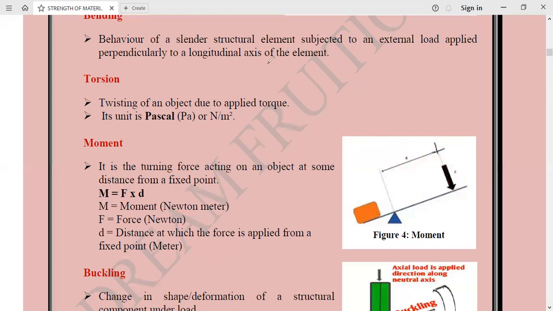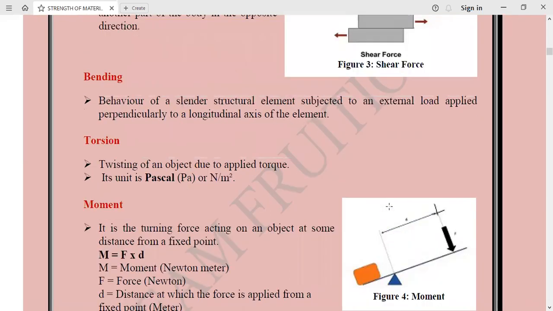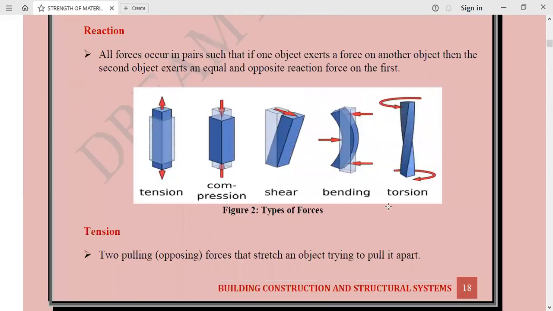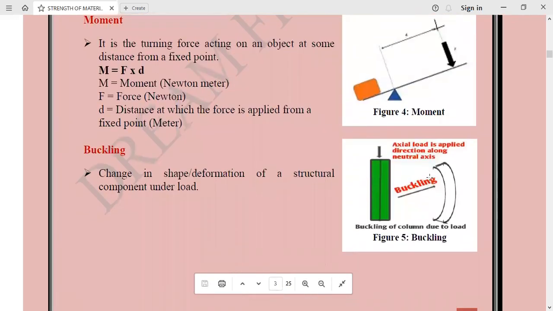So now we will move on to another force, that is buckling. Here you might confuse bending and buckling. So I will make clear what the difference is. Here also the element will bend.